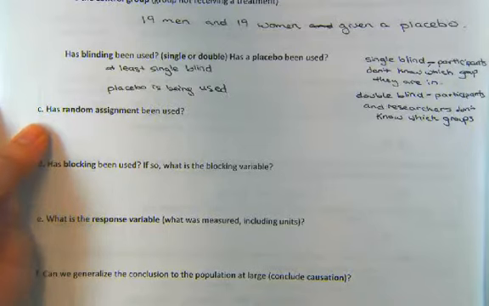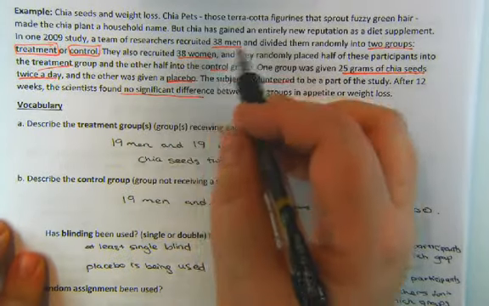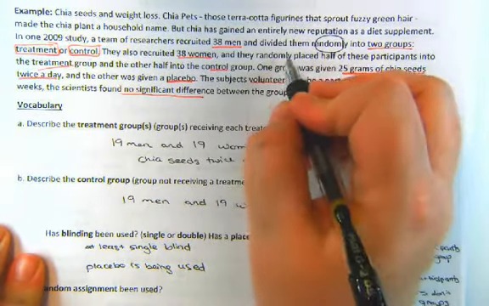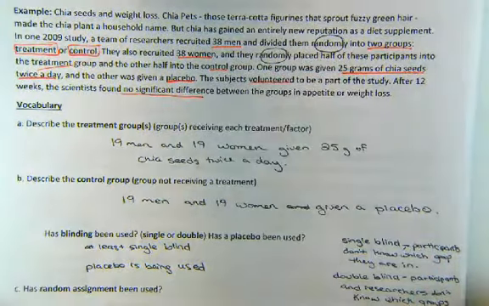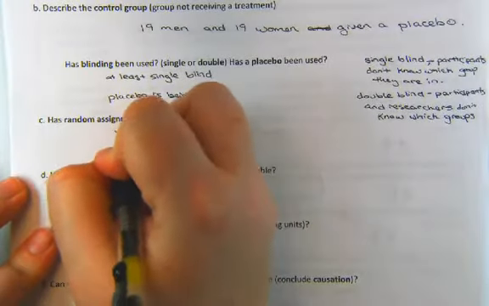Something else we should have is random assignment, in that were the groups randomly assigned. And yes, they were, because it describes up above, 38 men and women, divided them randomly into two groups. So with that wording there, yes, random assignment was used.